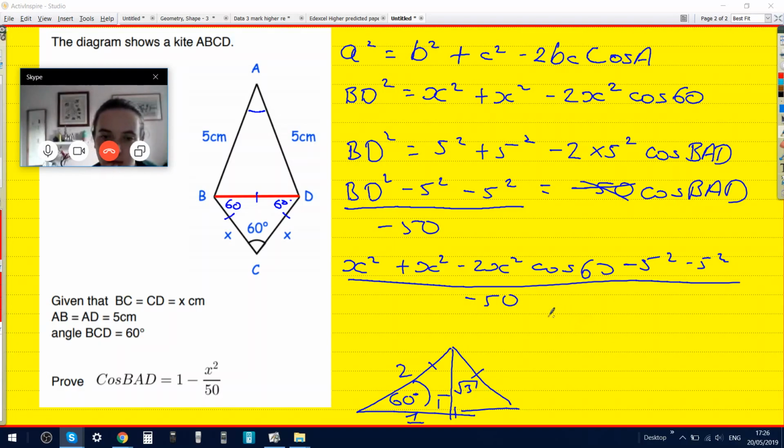X squared. No, 2. Which is a half over 50. So that's like 2x squared minus 2 times a half.